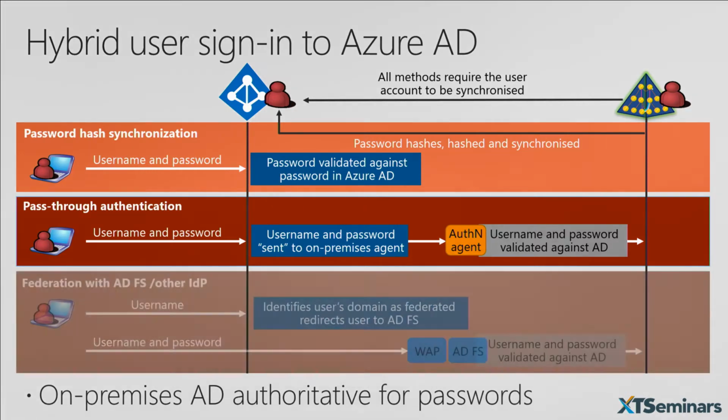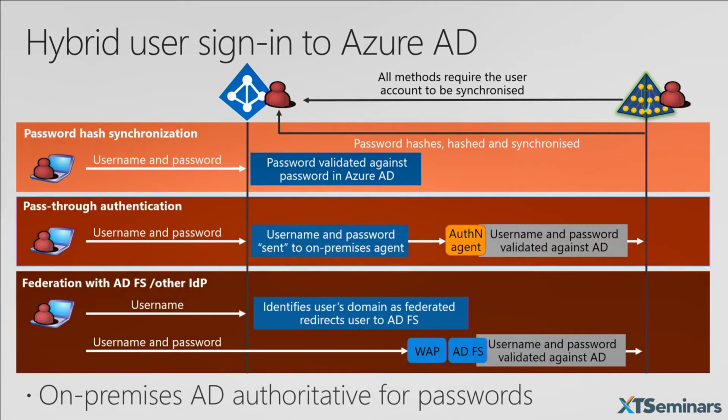And then finally, we can do federation, and it could be with ADFS, it could be with some other identity provider. And what happens now is we come along to Azure AD, and all it needs to know is the domain we're from. Because based on that domain, it's going to say, aha, you're a federated user, and it's going to redirect you down to your on-prem ADFS server or another identity provider on-prem.